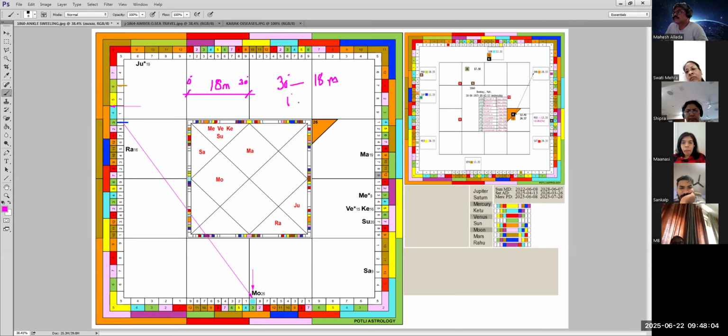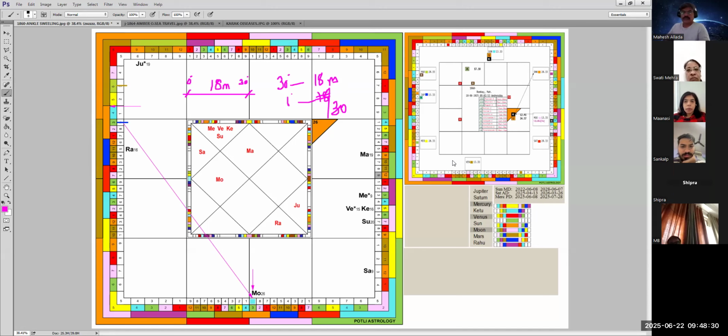So 1 degree is worth how much? So 18 divided by 30. Or you make this 18 months as 12 plus 6. 12 plus 6 is 18 months. So 18 months divided by 30. So 1 degree is worth how much? 18 divided by 30, 0.6. 1 degree. Correct?